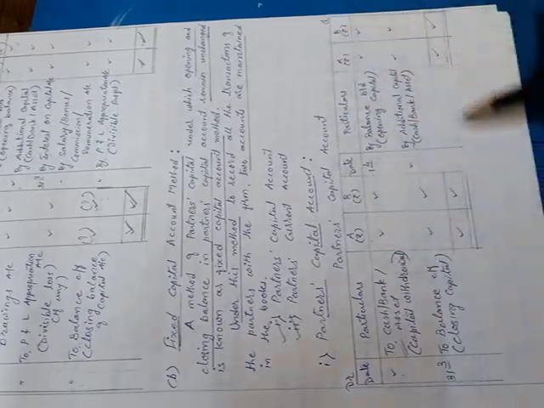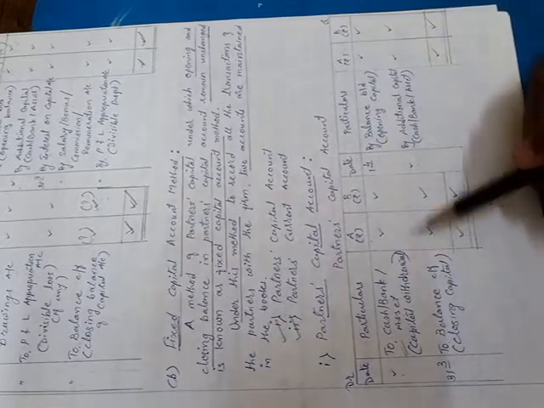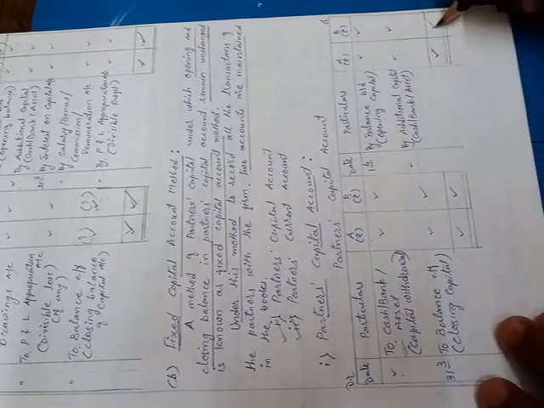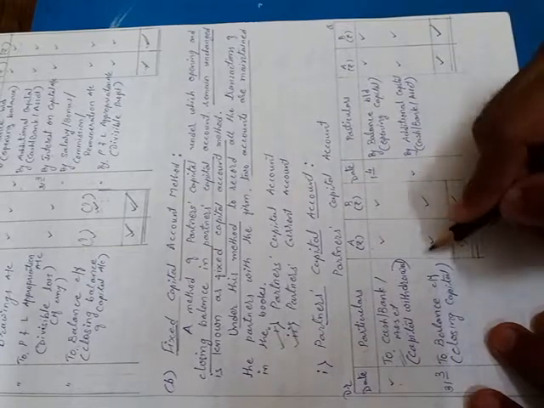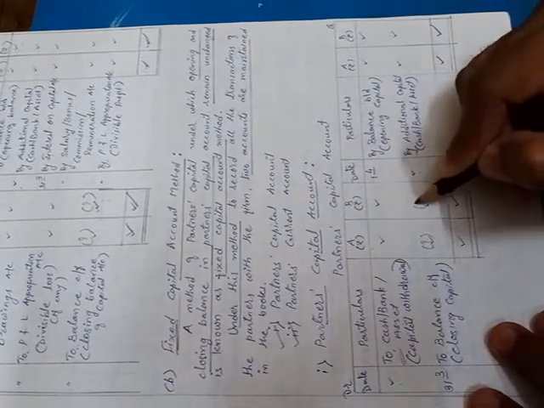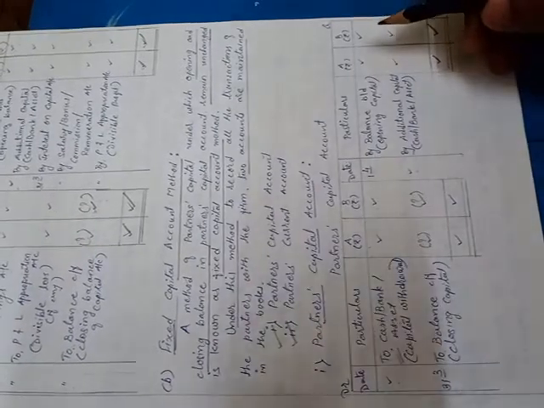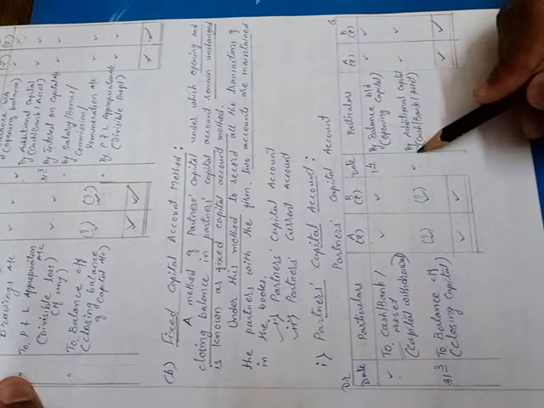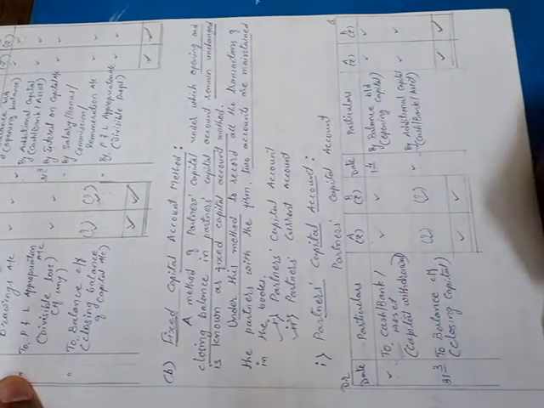And then you have to close this account, so you will get the difference. The credit side total will be more, so you will get the difference on the debit side. This value, which I am showing with a question mark, is known as the closing balance of capital. Normally, as I have explained, these transactions are not repeatedly available in your sum.